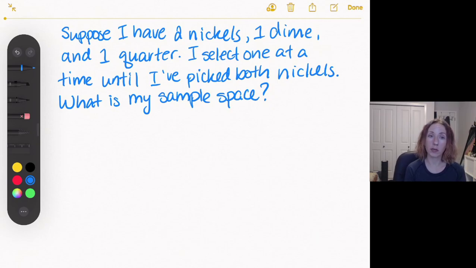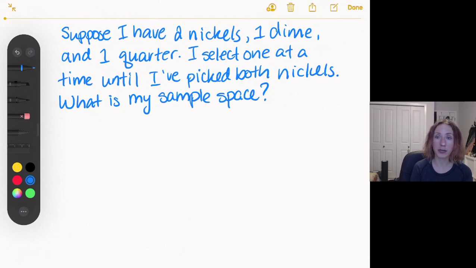I select one at a time until I've picked both nickels. What is my sample space? So here, depending on what I pick, it's no longer going to be available at my next opportunity. So if I pick the dime on my first action, there's no longer a dime to pick on my second.